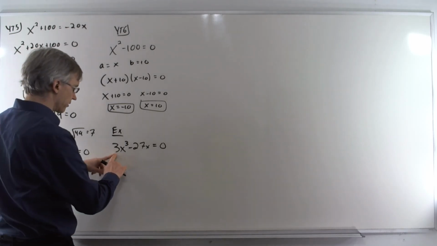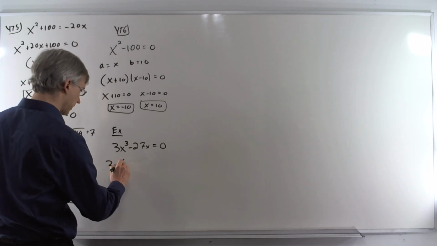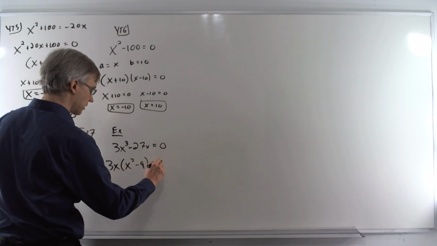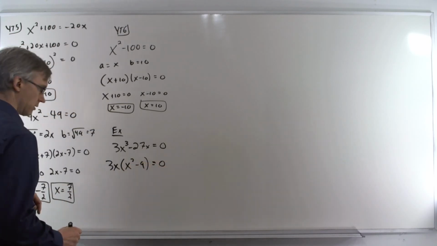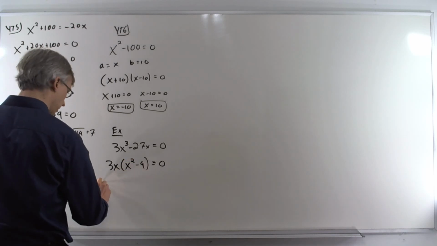Greatest common factor of 3x to the third and 27x is 3x. So we'll factor that out and get x squared minus 9. Now we have difference of squares here, so we can factor this into x plus 3, x minus 3.